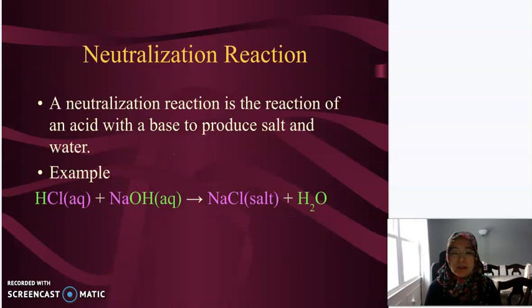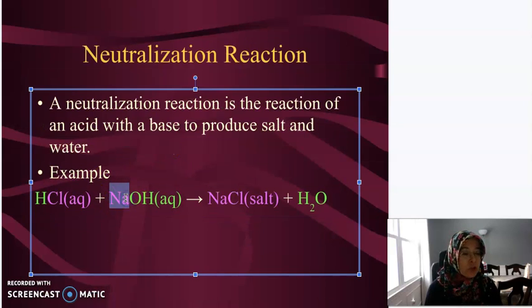The positive ion here is sodium. Sodium is in group 1, which is +1. Remember, group 1 is all +1. Chlorine is in group 7, and 7 minus 8 is -1. So +1 and -1 make sodium chloride salt.